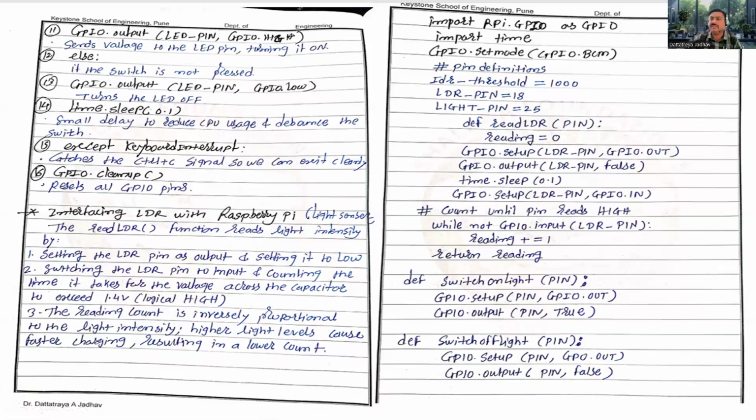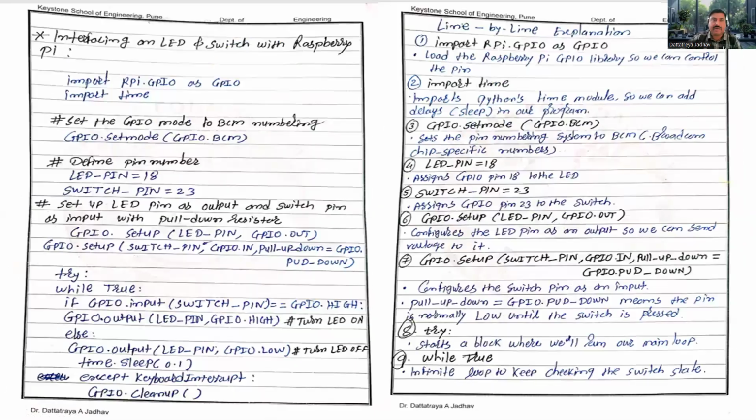So the last parameter is related with your syllabus, that is the interfacing of LDR with Raspberry Pi, that is light dependent resistor. That concept we have to understand. Before that we understand the concept of interfacing of LED and switch with Raspberry Pi.